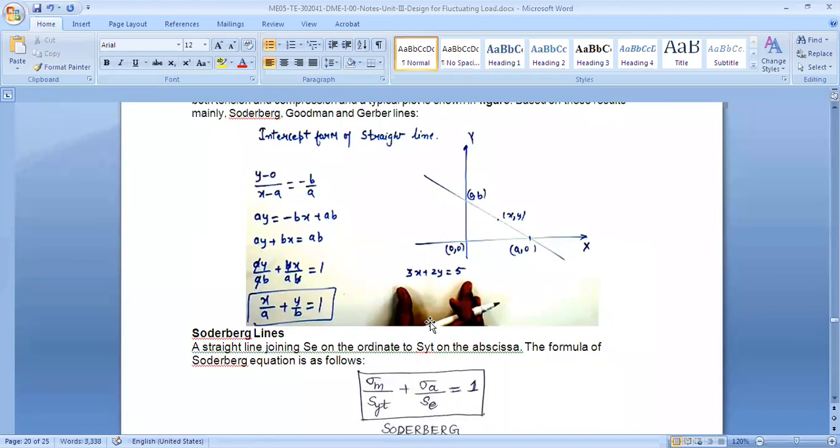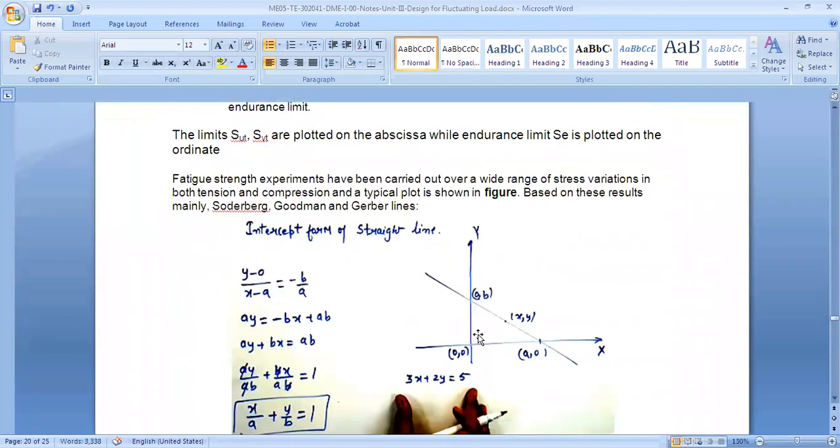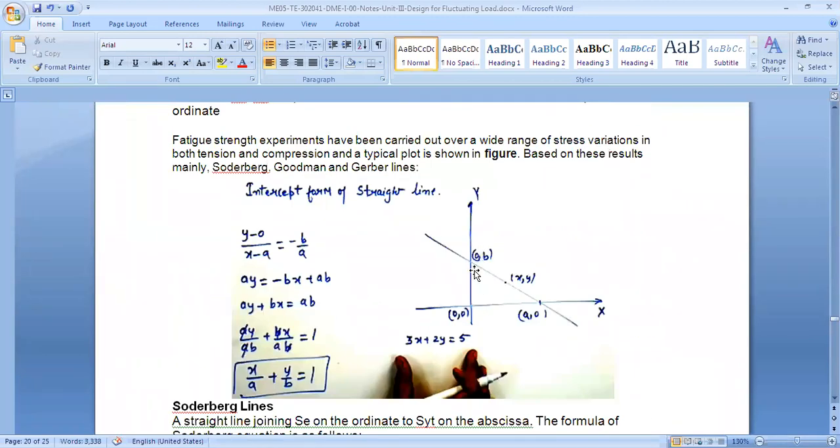Now, how to derive the equation? For that, we need to understand a little concept of mathematics. You guys know about this, but still I will explain again. To draw the equation of a line, I have taken an example of an inclined line which intersects both the x and y axes.